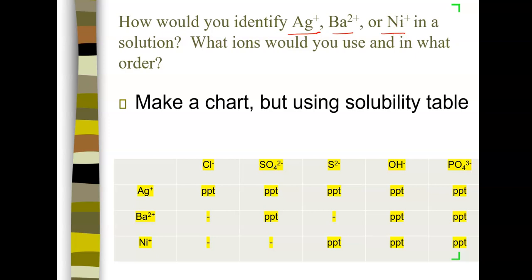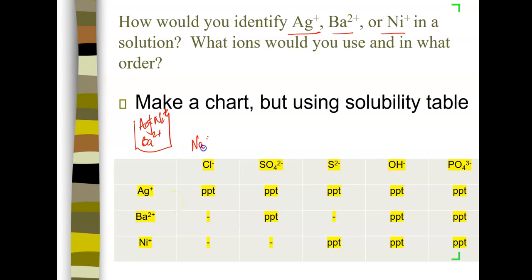Let's say, for example, you wanted to isolate the ions. I've got a solution that contains a mixture of silver, barium, and nickel, and maybe I want to separate them. So you can see here, there could be an order.